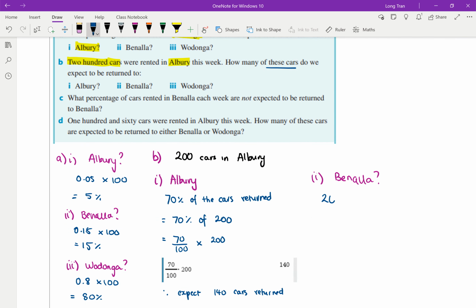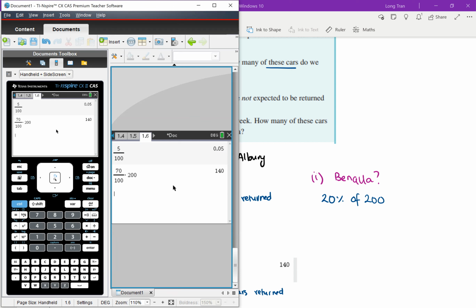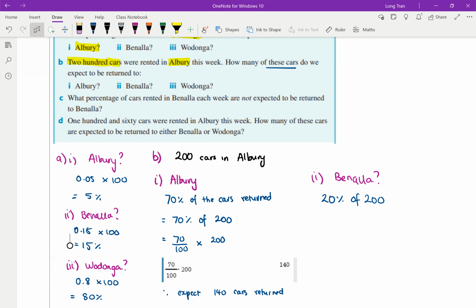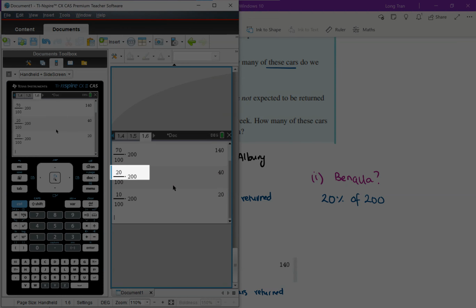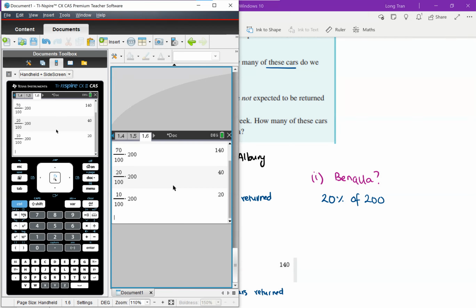We're trying to find now 20% of 200, and you can do the same thing over here. Change this to 20. And then we know the other one was 10%, so you might as well do it now as well. So 10%. So 40 cars back to Benalla. Okay, so I'm going to screenshot that. Here we go. This is for Benalla.